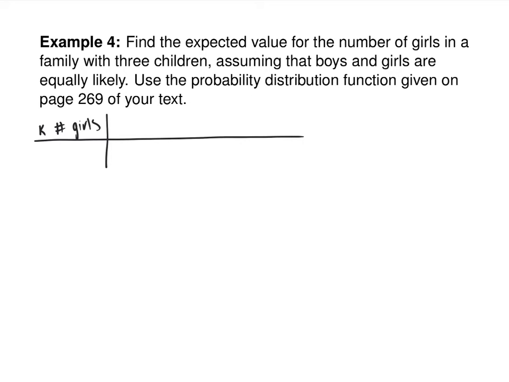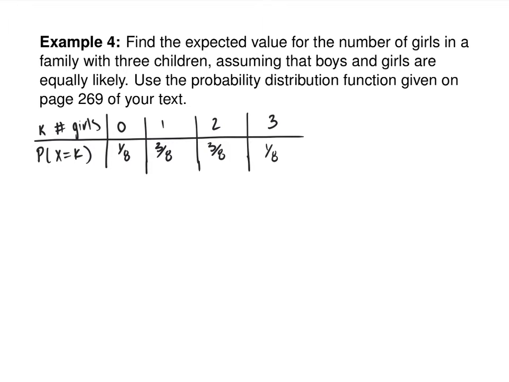Well, if you have 3 children, you could have no girls, 1 girl, 2 girls, or 3 girls. And the probability that our random variable x equals a specific number of girls is given by 1/8 for none, 3/8 for 1, 3/8 for 2, and 1/8 for 3.